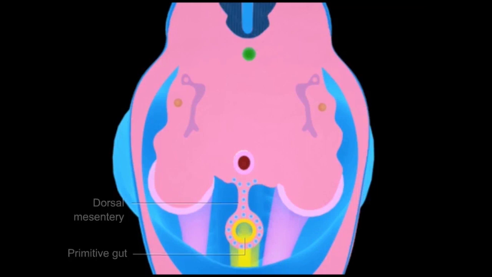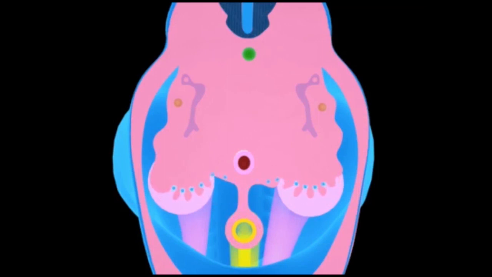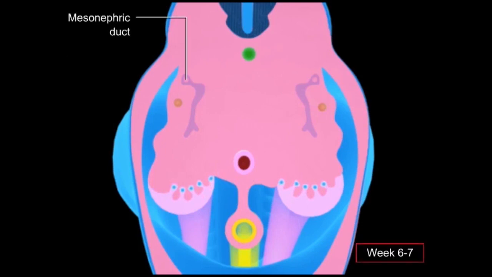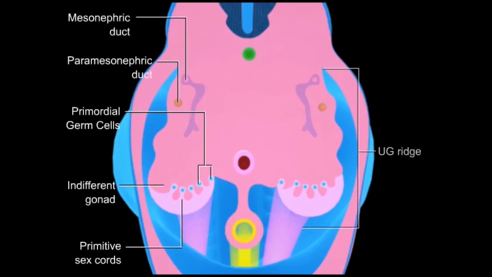The germ cells travel along the dorsal mesentery to reach their destination. During the 6th week, these cells are incorporated into the gonadal ridges.